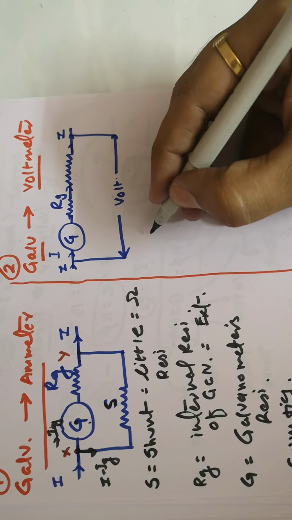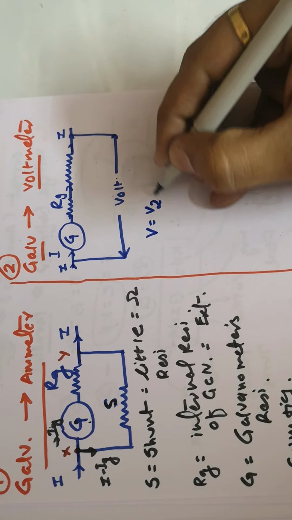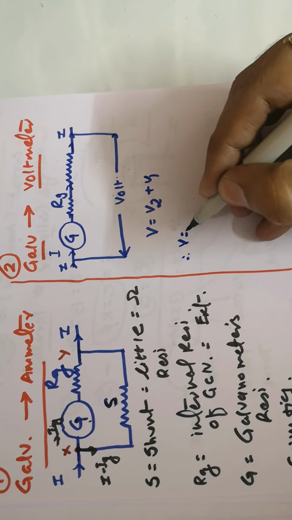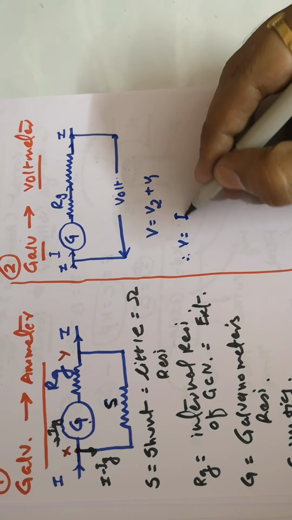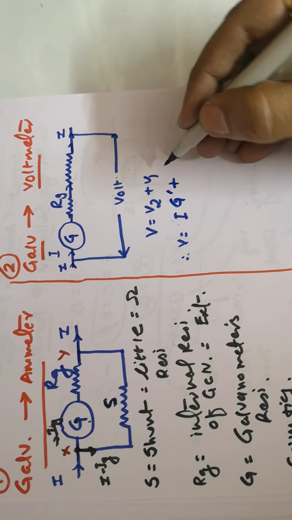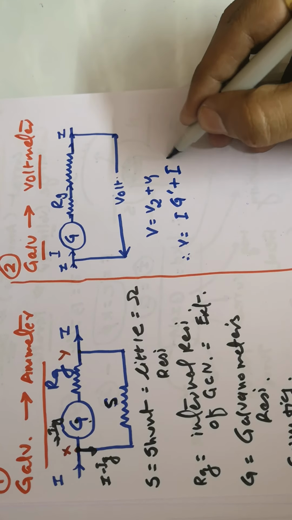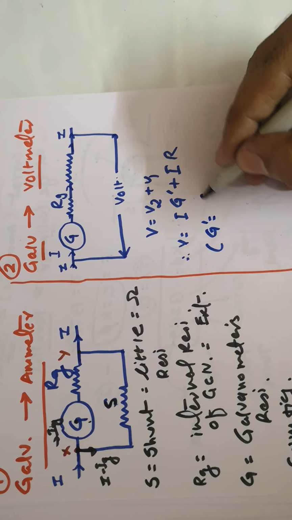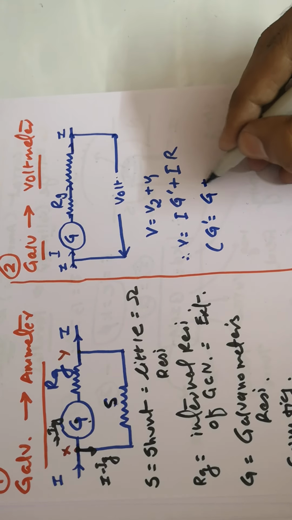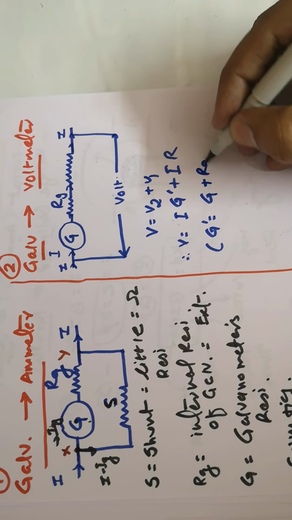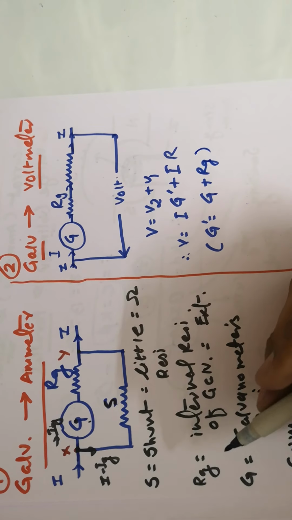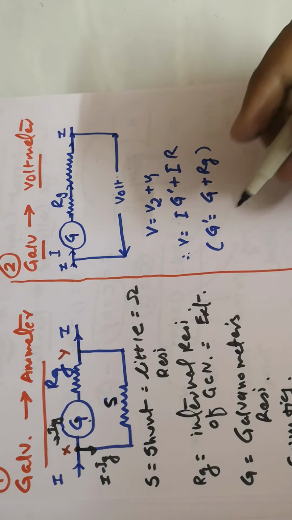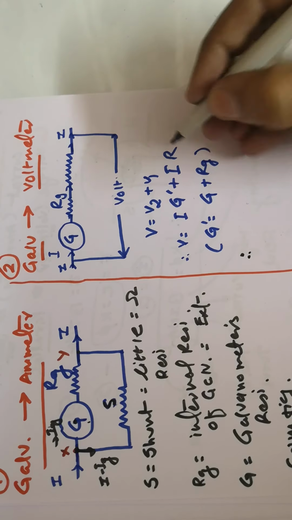We are aware of Kirchhoff's second law, V equals V1 plus V2. So I use this notation: V is equal to current I into G dash, plus the same current into R. G dash is the resistance of my galvanometer, and Rg is the internal resistance I have already placed here.